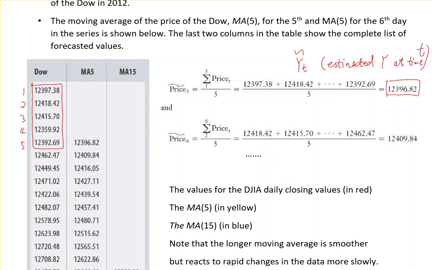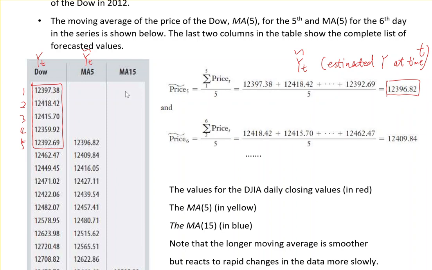We don't know what the time is for this point, so we just say this is the estimated value of Y at time 5. What is this column? This column is the observed value at time t. We don't look at this term yet. You just look at these two columns.